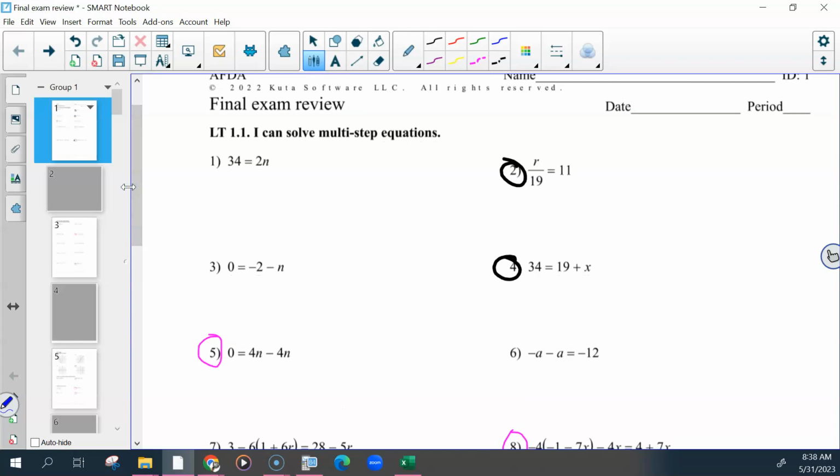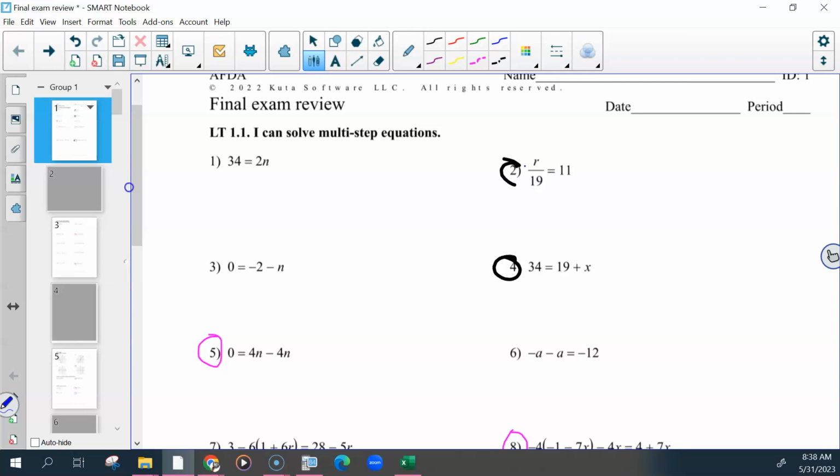The goal with all of these is to get the variable by itself. So here we have to get rid of 19. How would we do that? How do you get rid of 19?